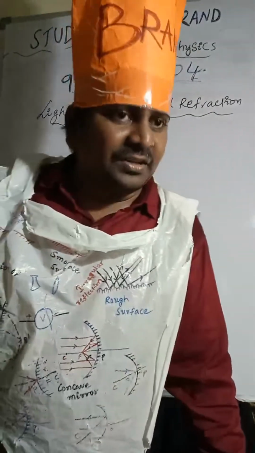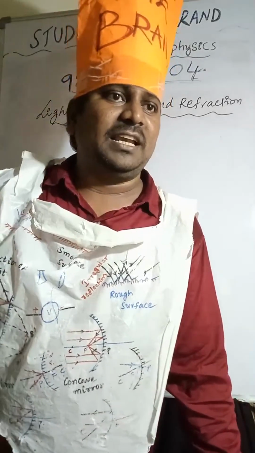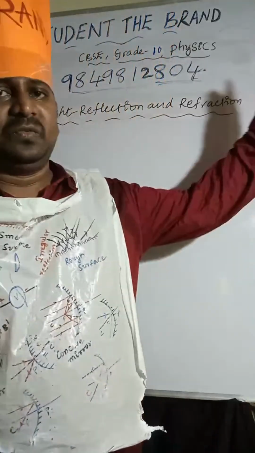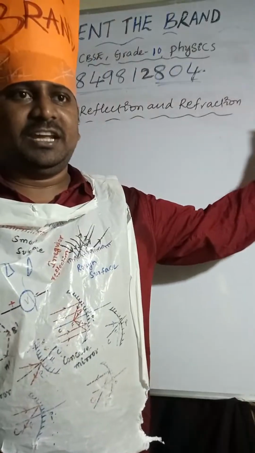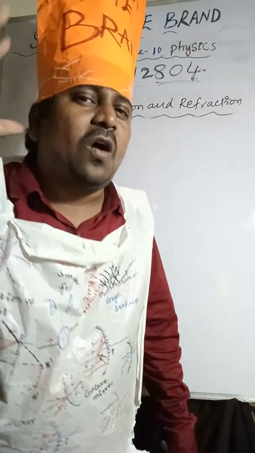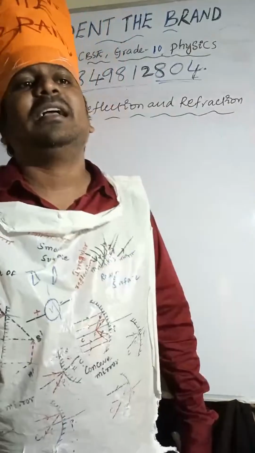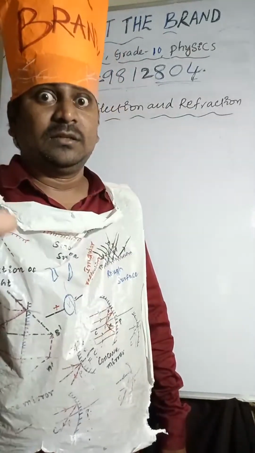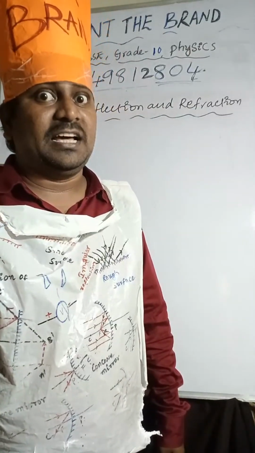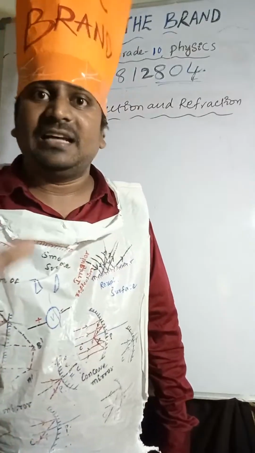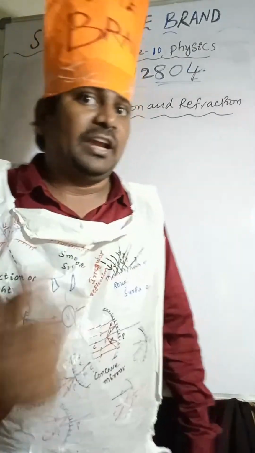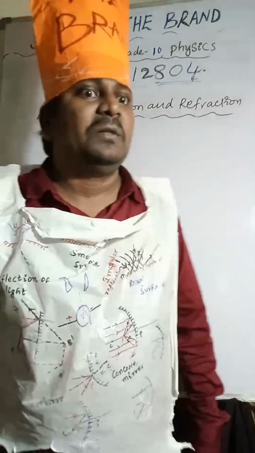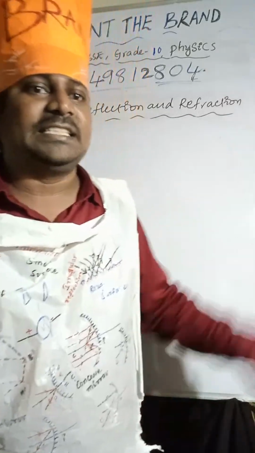In that, a very important concept is the concave mirror. In concave mirror, ray rules are 4 and image formations are 6.